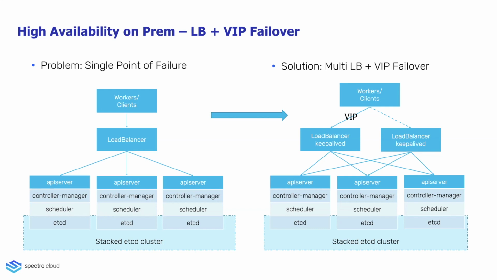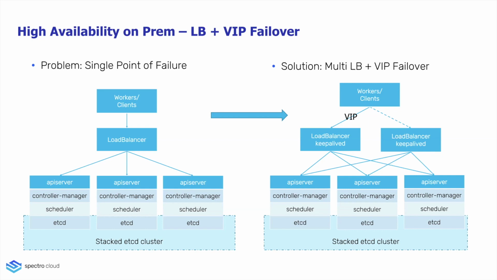So the client and the worker nodes just connect to the virtual IP, so they don't know which load balancer they are connecting to. The only issue is that they may experience limited downtime during the virtual IP move over.